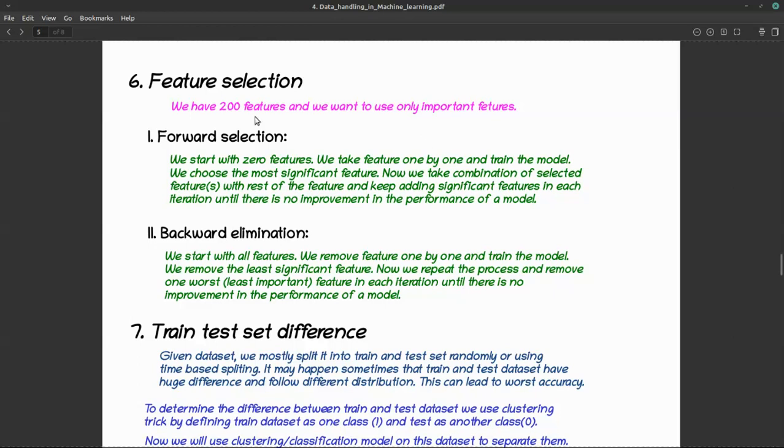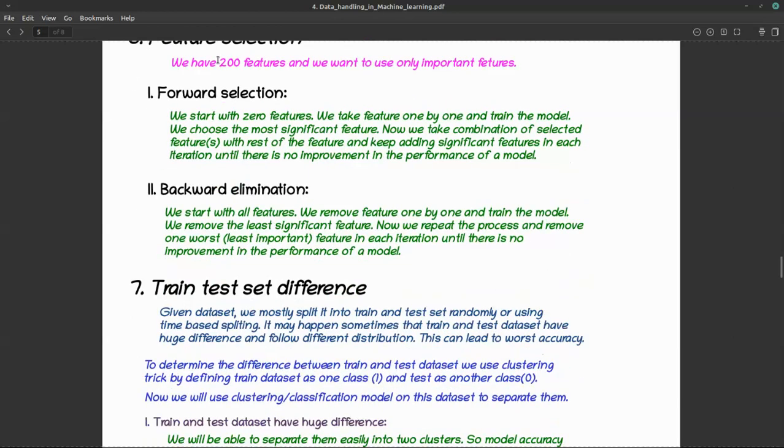What is backward elimination? It's the opposite of forward selection. I take all 200 features and train the model, and whatever accuracy I get, I note it down.